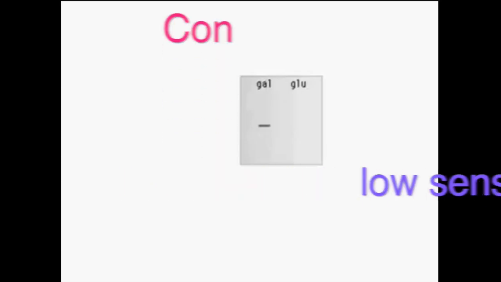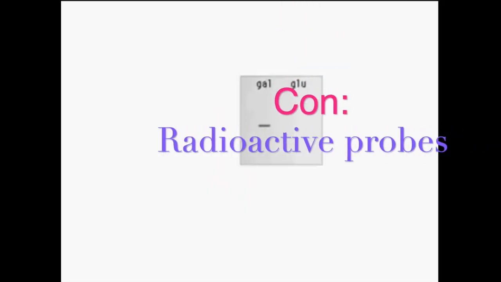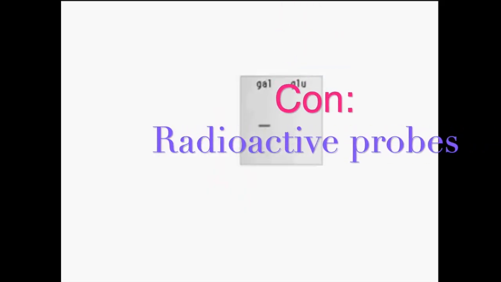You may get the wrong impression that it's not there. Another disadvantage is that the probe that you have to use is radioactive. That's what allows you to be able to detect it. And so, of course, there are some safety precautions. And because of these reasons, in recent times, people just would rather not.